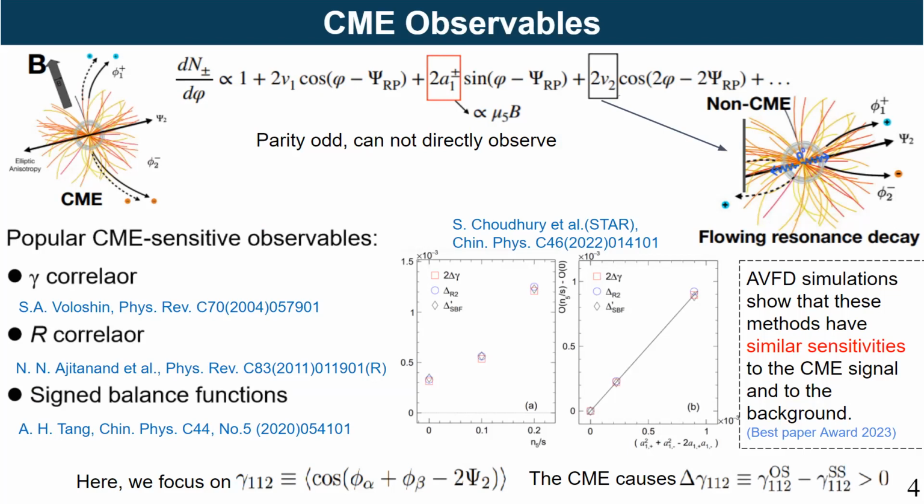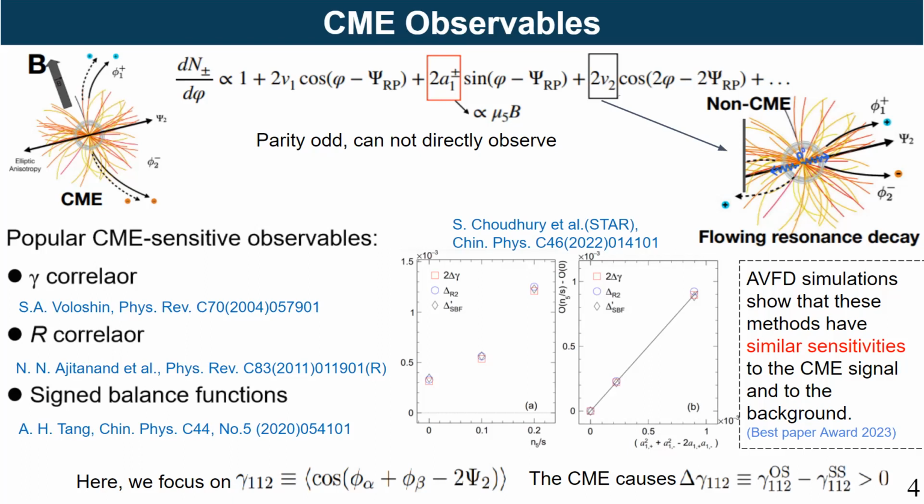If we expand the particle azimuthal angle distribution with a Fourier expansion, this a1 term in front of the first-order sine harmonic can represent the charge separation, because a1 can bear opposite signs for opposite sign particles.